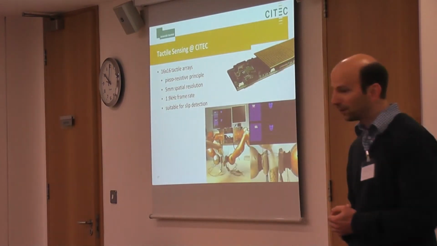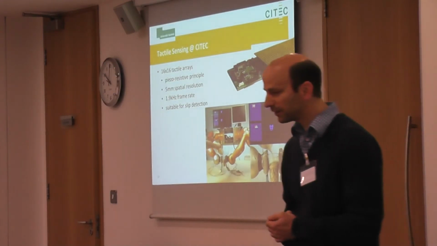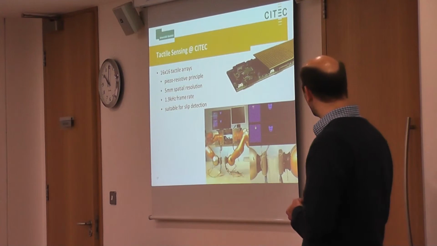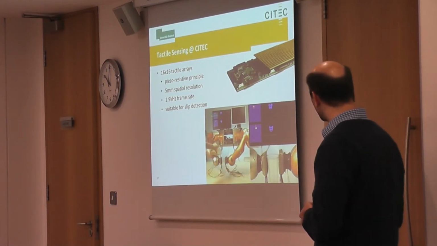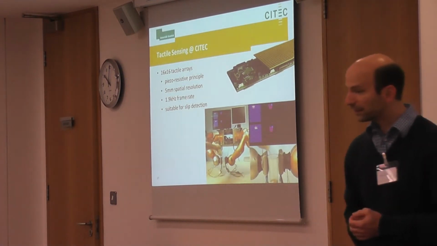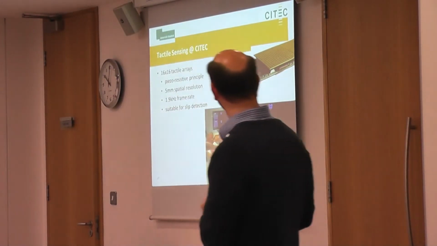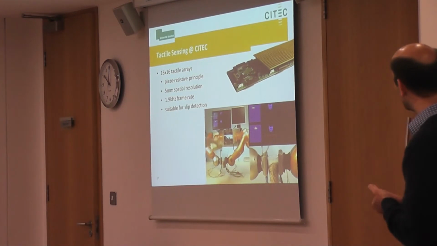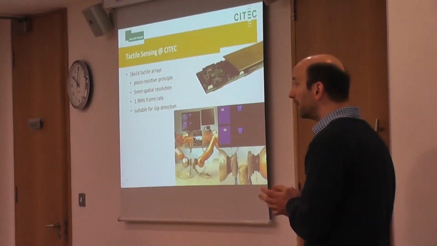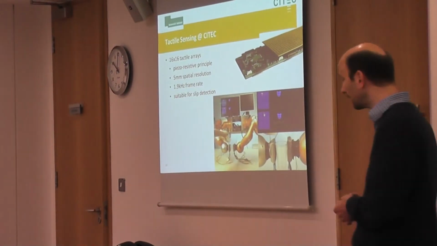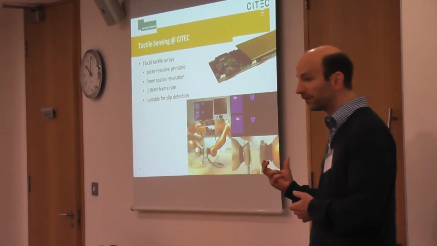And we developed a whole zoo of different tactile sensors. One of the first being this square modular flat sensor here. All the sensors use the piezoresistive principle, and this particular sensor provides a good spatial resolution of 5 millimeters and a very high frame rate of nearly 2 kilohertz, which is then suitable for slip detection.